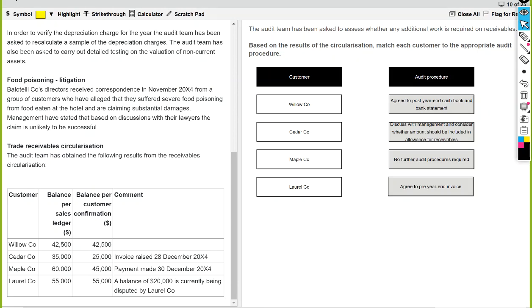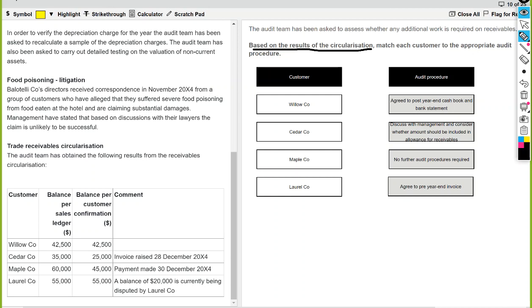So for the first customer, what do you have to do? No further audit procedures required, right? Okay. You also know it's wrong, isn't it? Because the amount tallying doesn't mean you don't have to do anything. But the question here mentions based on the result of the circularization.